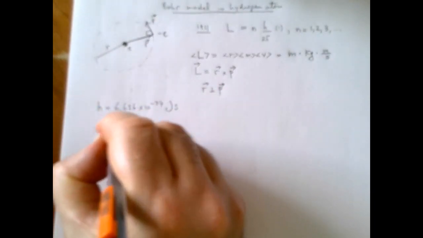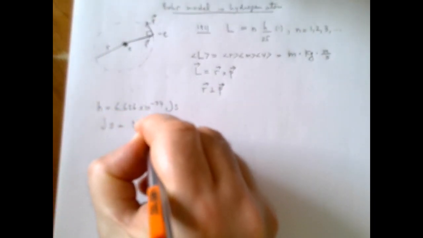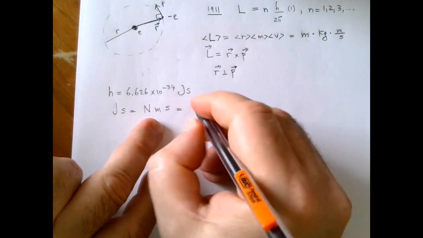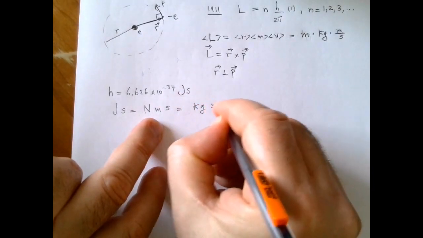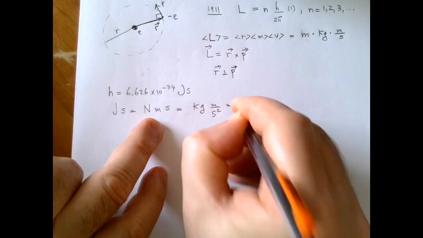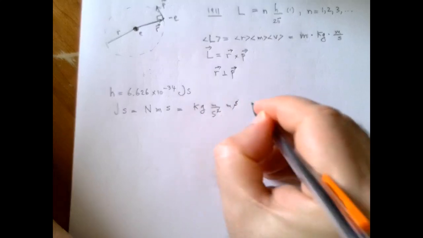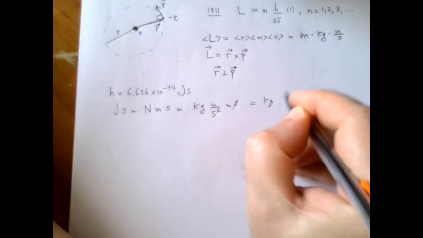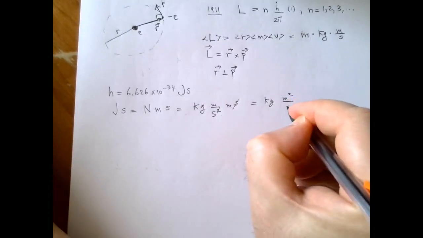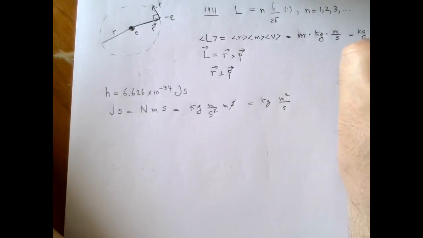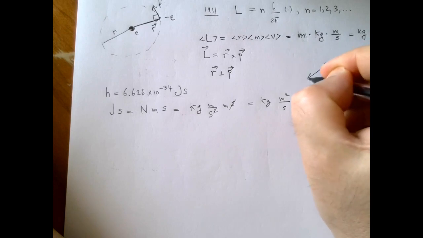So joule second is actually Newton meter second, because joule is Newton multiplied by meter. Newton is kilogram meter per second squared, so times meter times second. And this reduces to kilogram meter squared per second, which is, of course, the same as the unit of angular momentum.